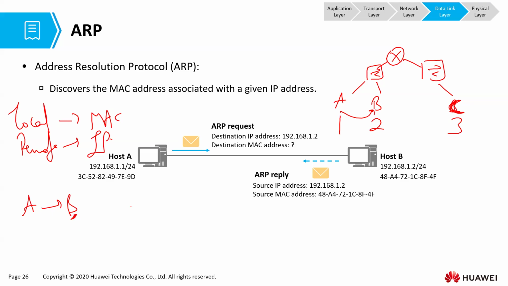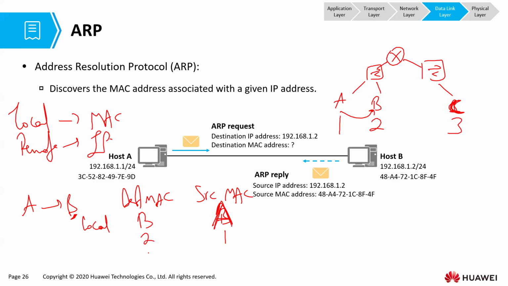So in this example, destination MAC, not source MAC. For local, A to B, destination is B, and source is A. Very easy to see. Destination IP is 2, source is 1.